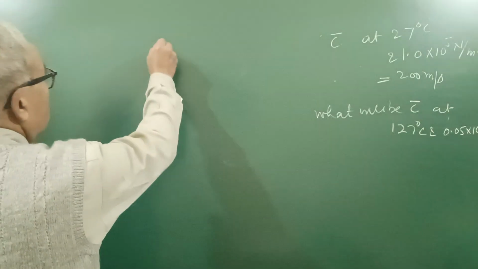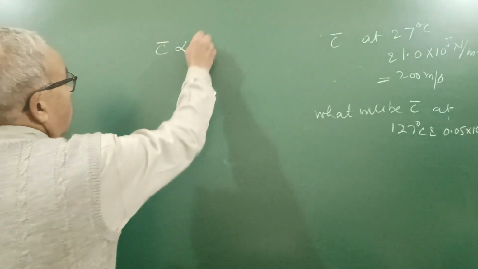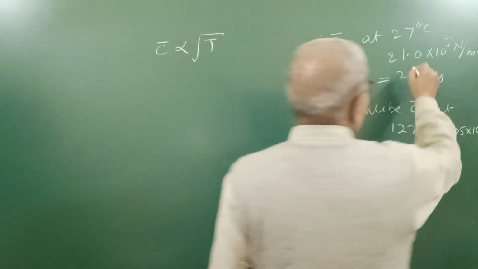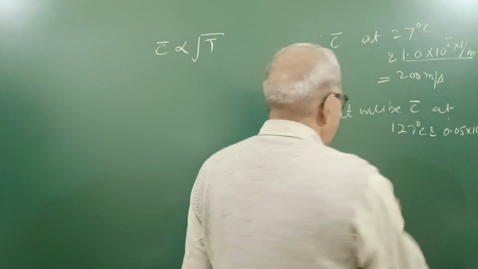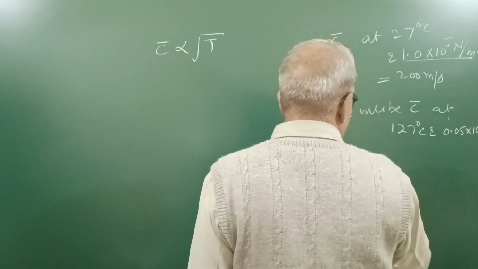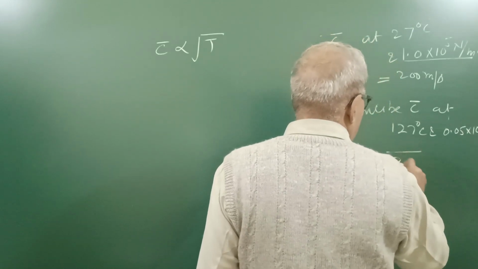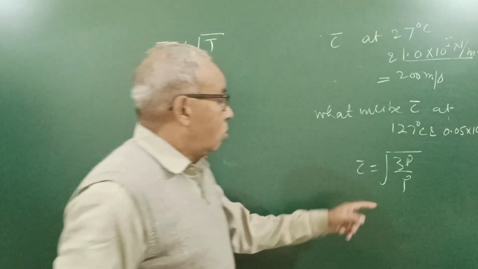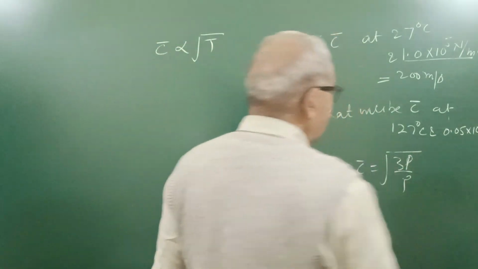Just now I told you C bar is proportional to under root T. Why am I not taking this one here? Actually, here C bar is in fact under root 3P upon rho, where P is the pressure and rho is the density.